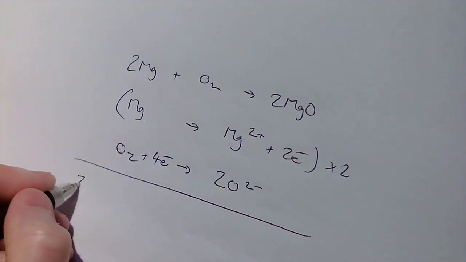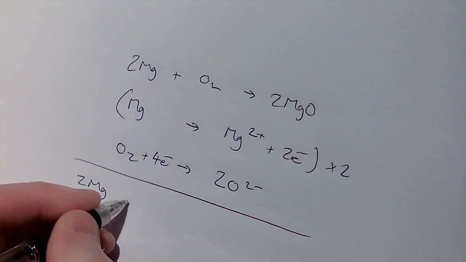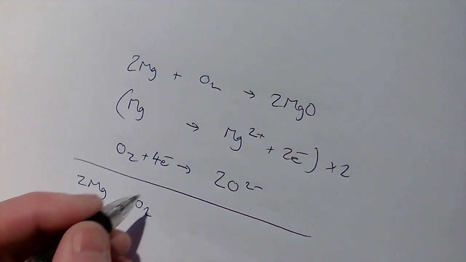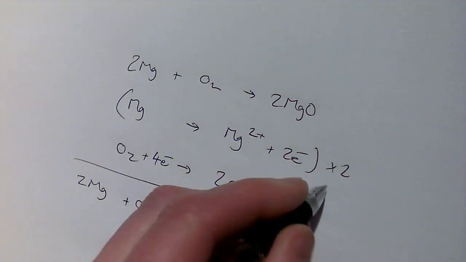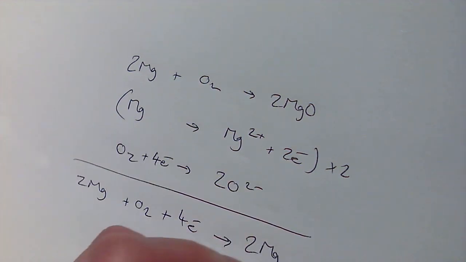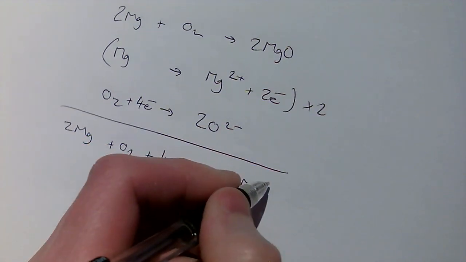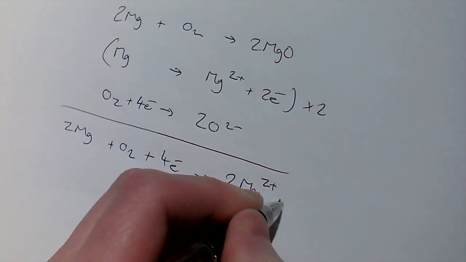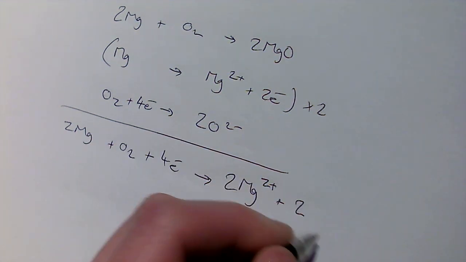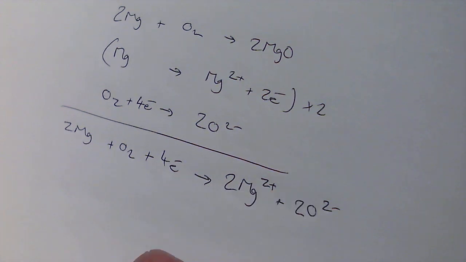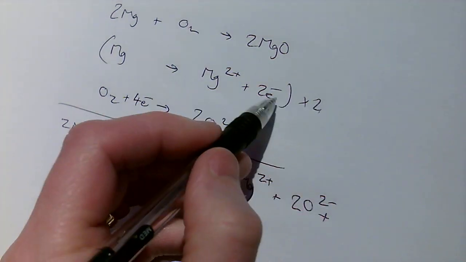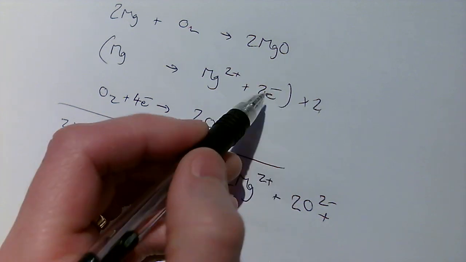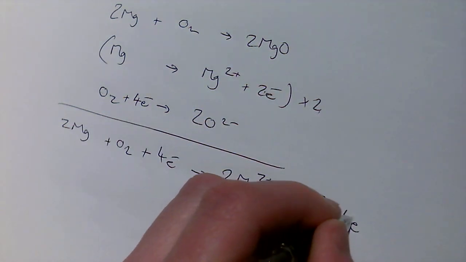So let's look at this. 2Mg plus O2 plus 4 electrons goes to 2Mg2+ plus 2O2- plus 2 times 2 times 2, which is 4 electrons.